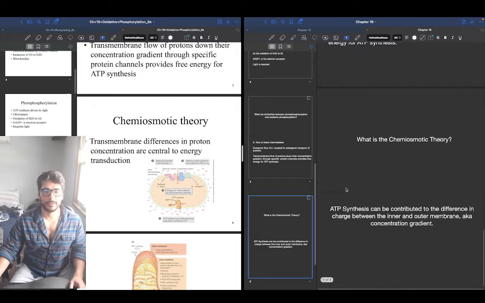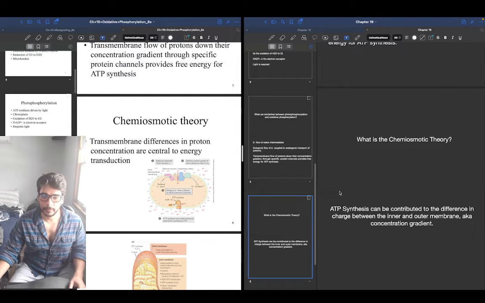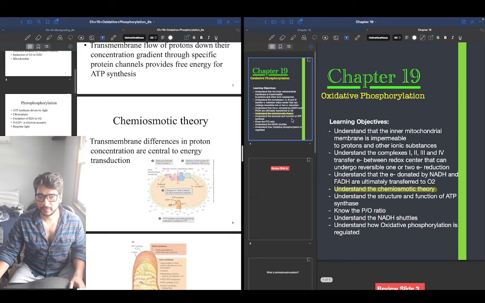But again, this is just step 1 of reviewing, and then step 2 will be drawing it out and really hammering it home so I can do well on this exam. So let's go back up here. Understand the structure and function of ATP synthase.